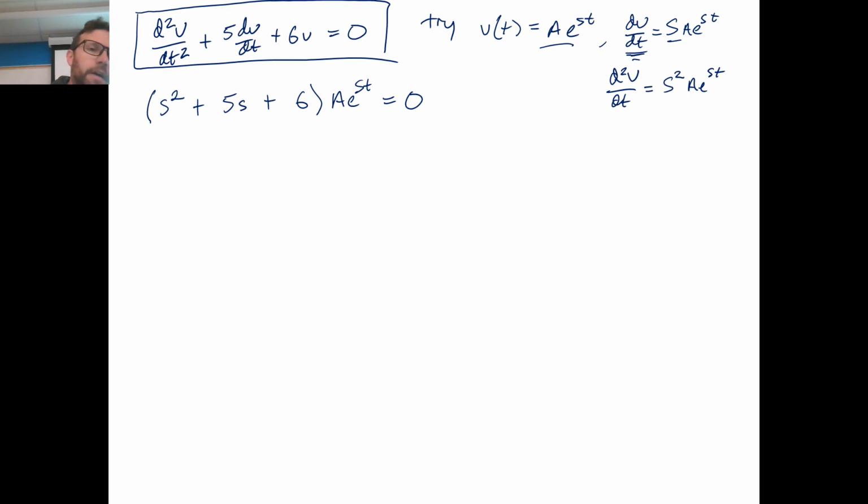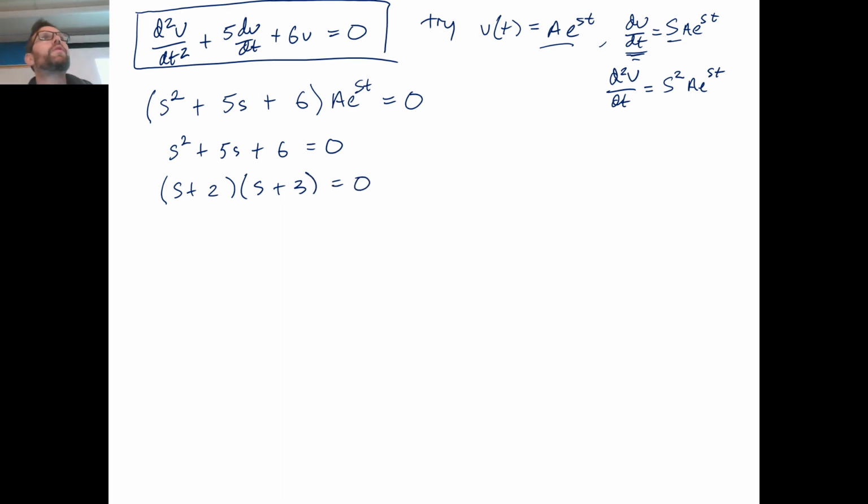So we set this equal to 0, and there's our characteristic equation. This is one of those nice ones that factors real cleanly into (s plus 2)(s plus 3). Those are the roots of the characteristic equation. In fact, we'll solve for the roots right now. For this to be true, s is either equal to -2 or -3.